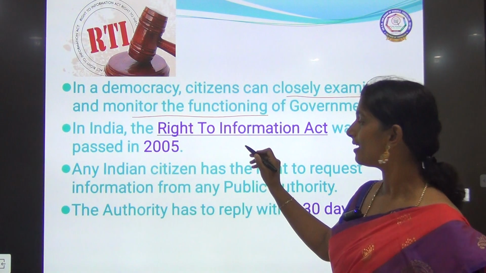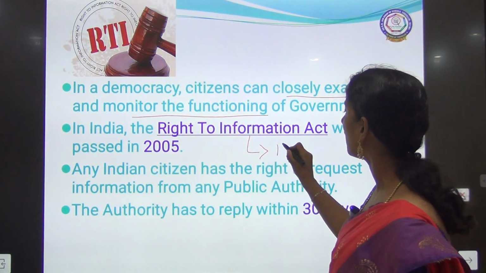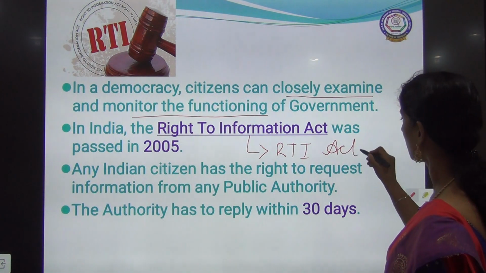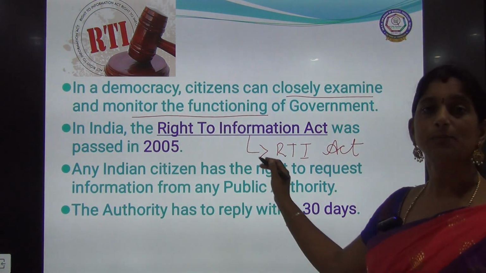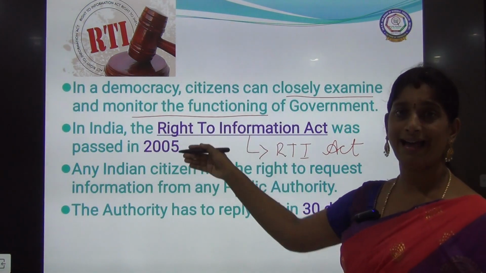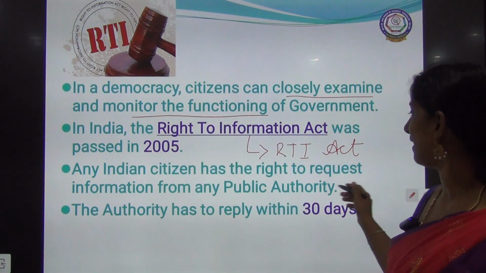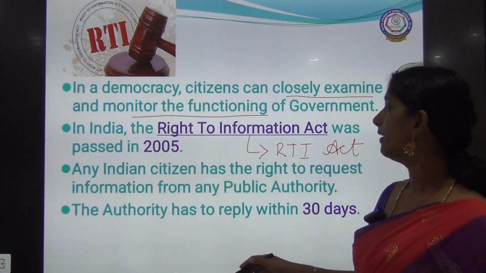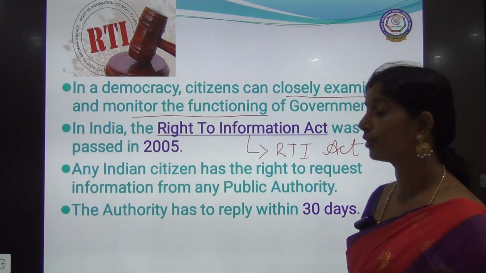This Right to Information Act is also called the RTI Act, okay. So this was passed in 2005. Under this act, any Indian citizen has the right to request information from any public authority.